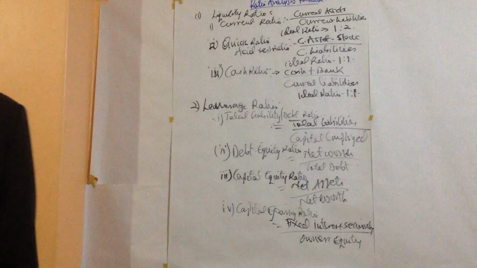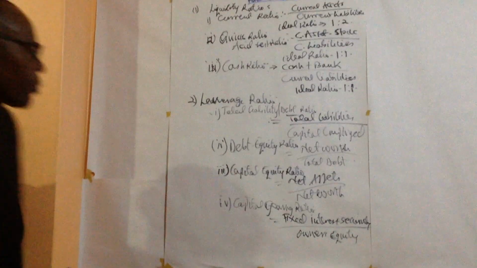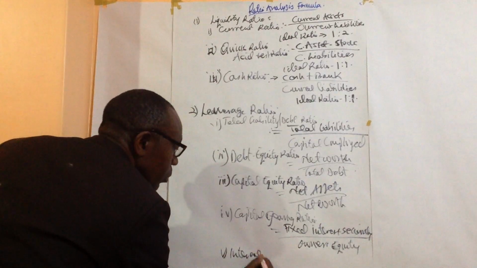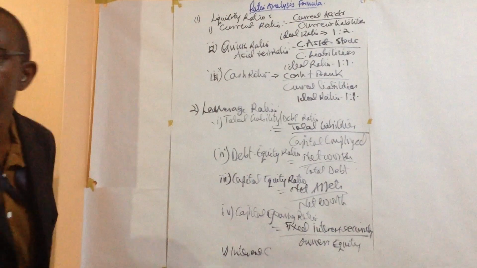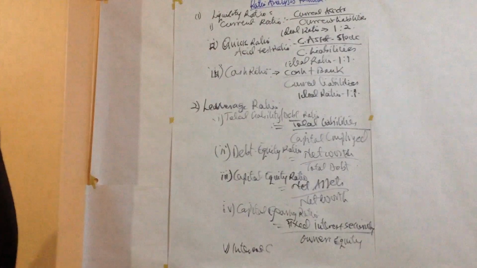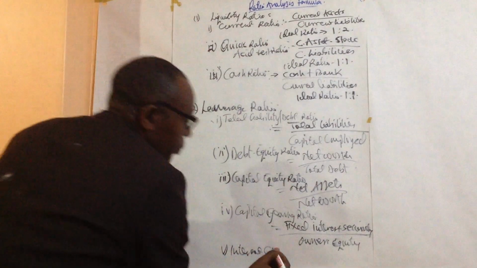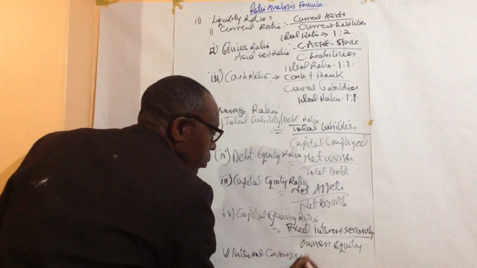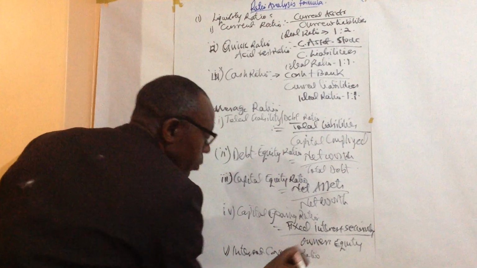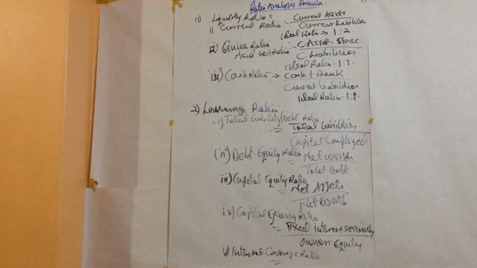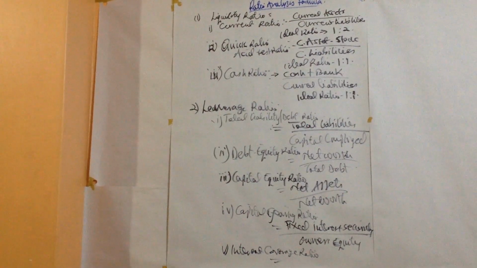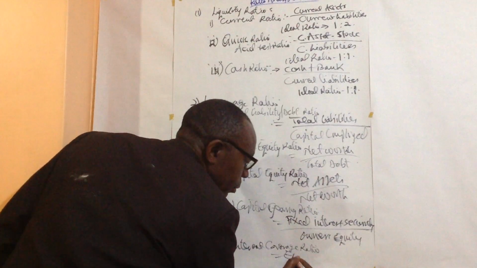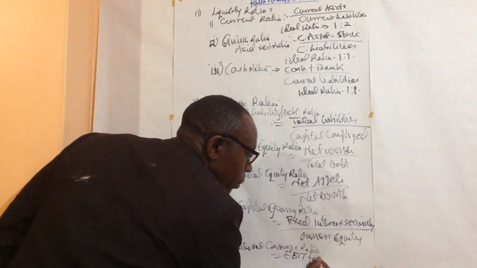Then you have the interest coverage ratio, number 5. The formula is earnings before interest and tax plus depreciation, over the interest.